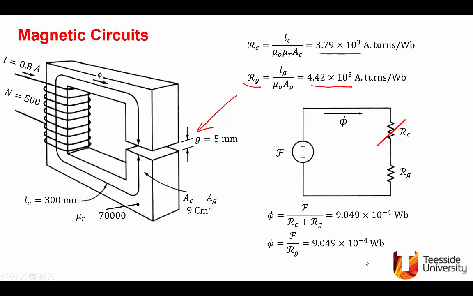What we conclude here is, if the iron is not saturated, because the iron core has very high permeability, the reluctance of the iron will be very small. And in most of our calculations in electric machines, we can, in the first instance, ignore the reluctance of the iron.